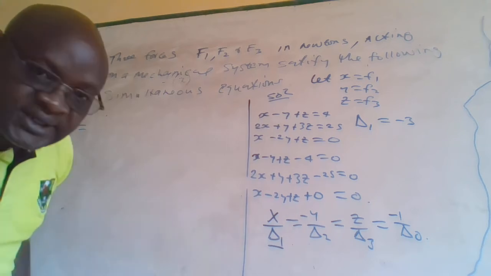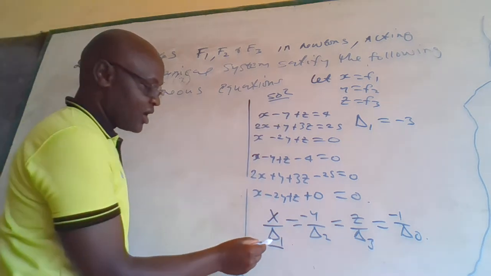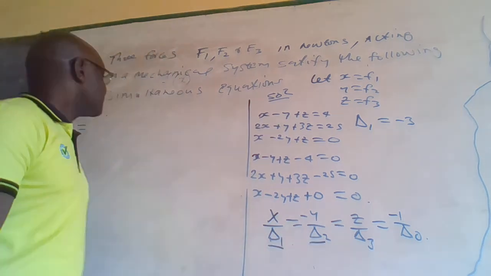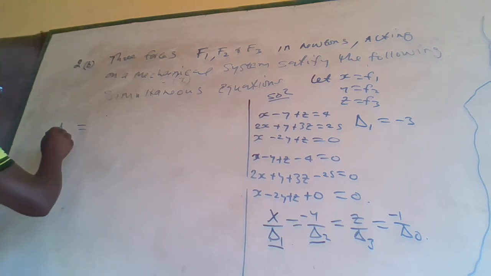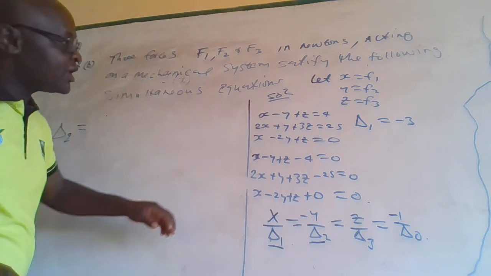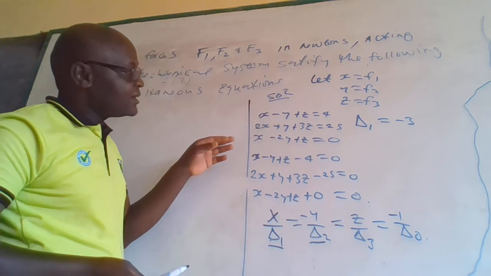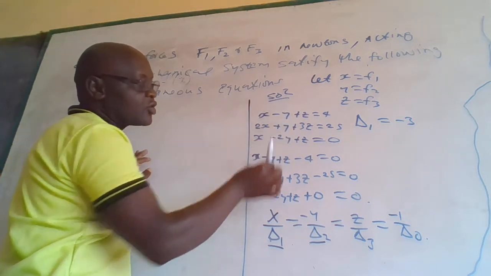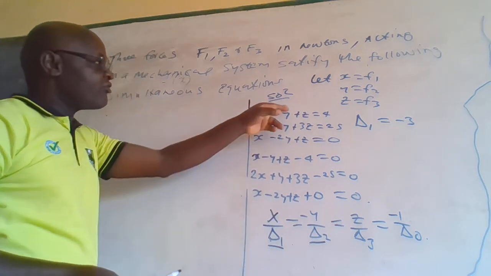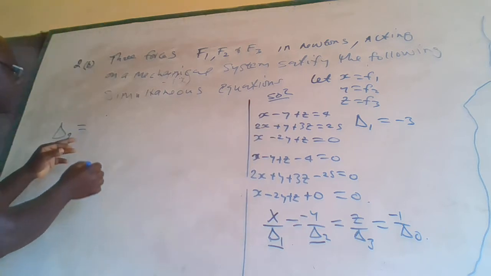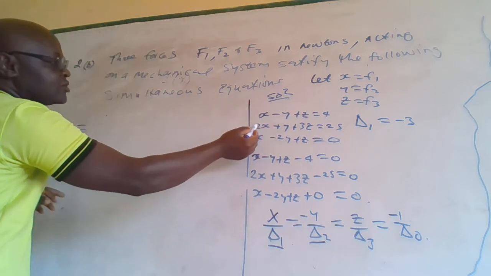Now move on and calculate. We now need to get del 2. Del 2 will be equal to, now for del 2 we are going to omit the coefficients of Y. Therefore, we shall have 1, 2, 1.